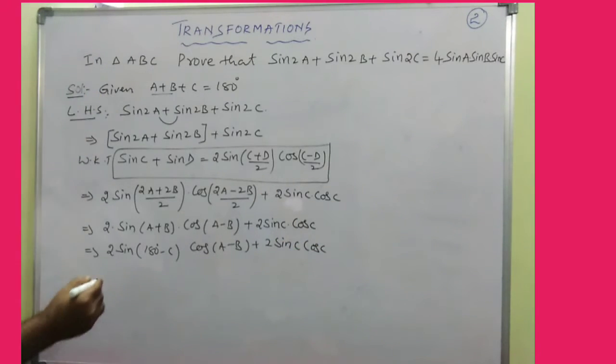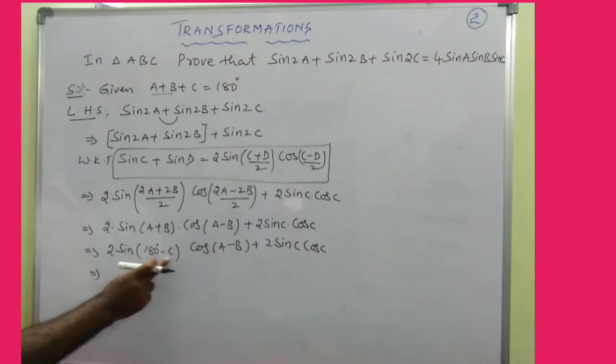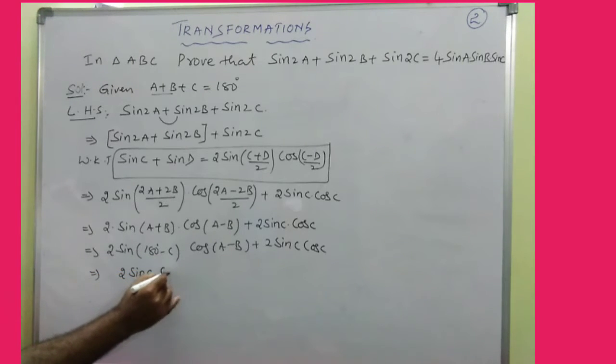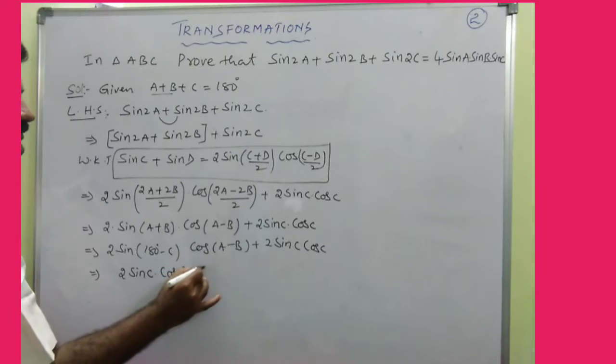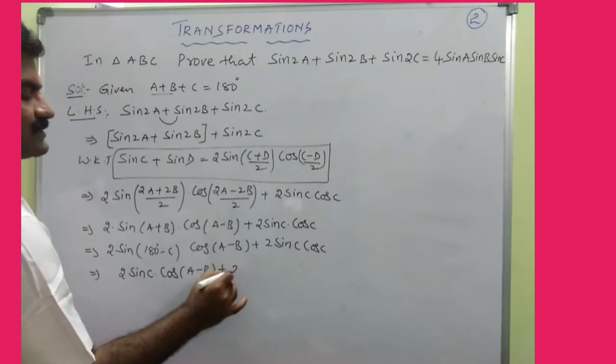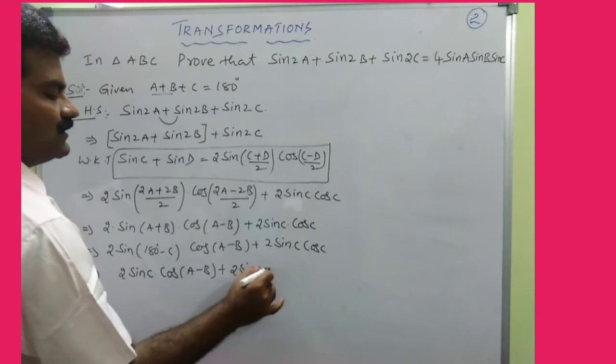Now see, sin of 180 minus C is sin C. So 2 sin C into cos of A minus B plus 2 sin C into cos C.